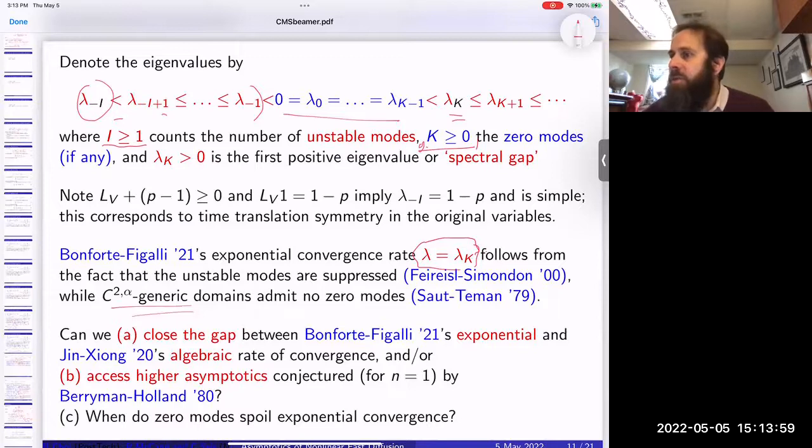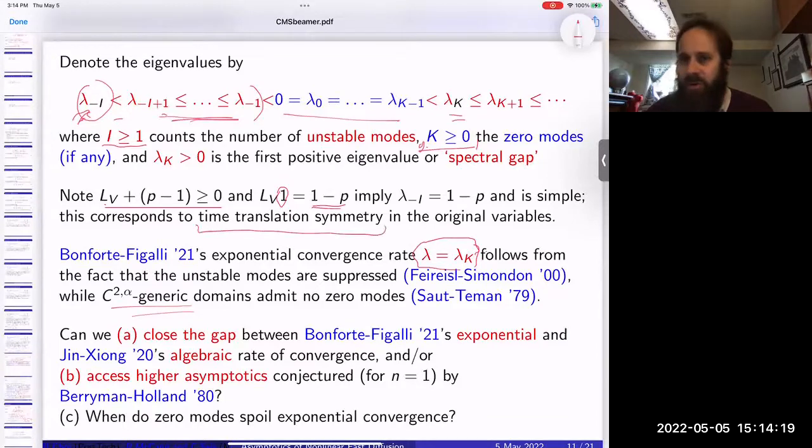And because of this lower bound on the linear operator, you can check that the eigenfunction 1 is an eigenfunction that attains that lower bound, and it's the only such eigenfunction. So the smallest eigenvalue is simple. It's not clear whether there are any other negative eigenvalues. More or less, the smallest eigenvalue arises because of time translation symmetry in the original variables.